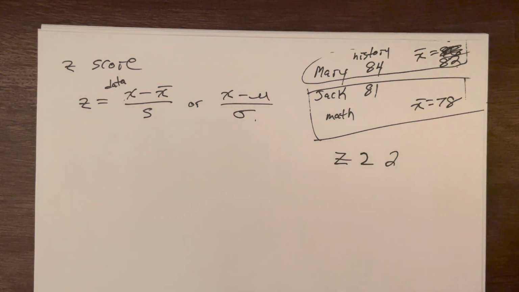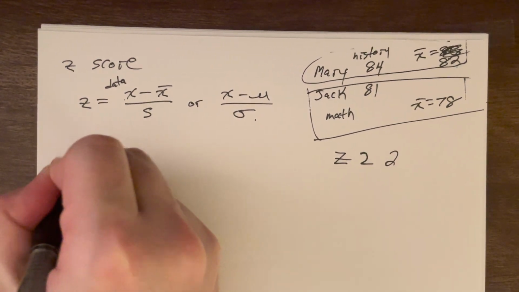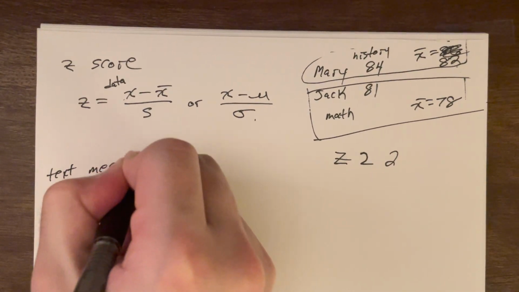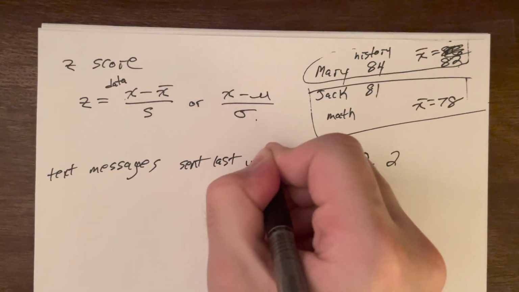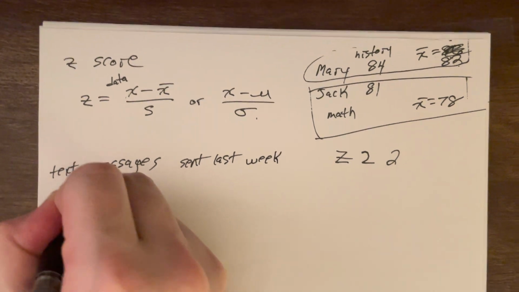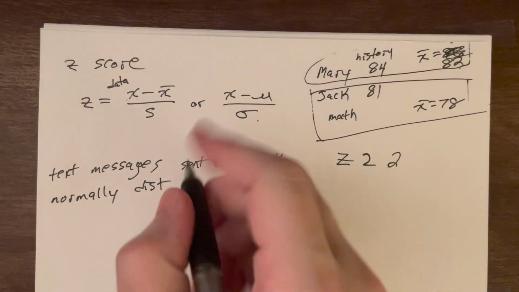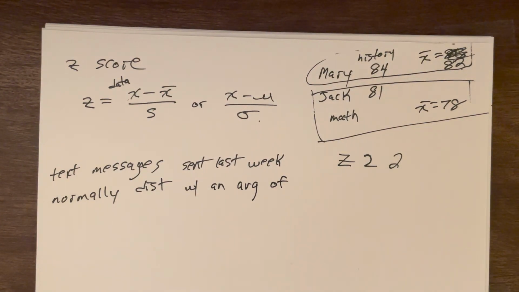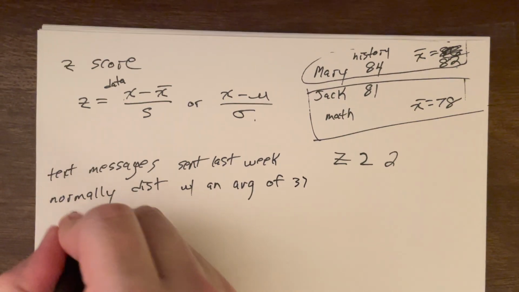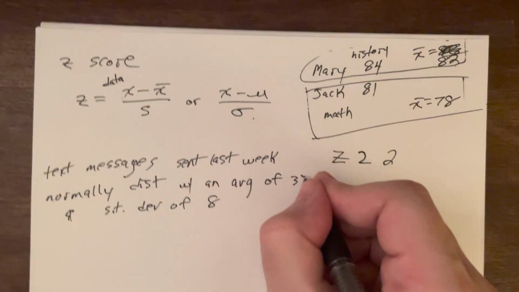So let's stick with that text message example. Reminder, we had text messages sent last week. We needed the normally distributed information before. Here, it's just a little extra, but I'll still include it, with an average of 37 and standard deviation of 8 messages.